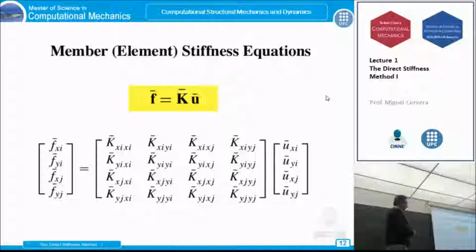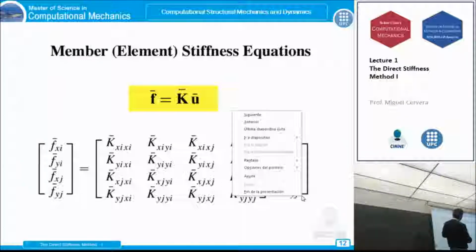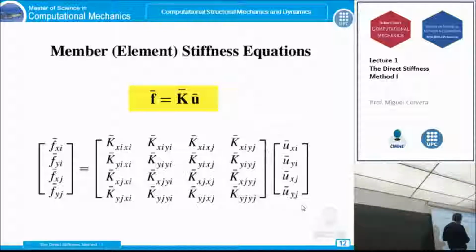On the other hand, we are going to build this master matrix starting from relationships like this. And this is exactly the same, but at element level. So we are going to distinguish with a little bar on top the relationships and the magnitudes at local level.